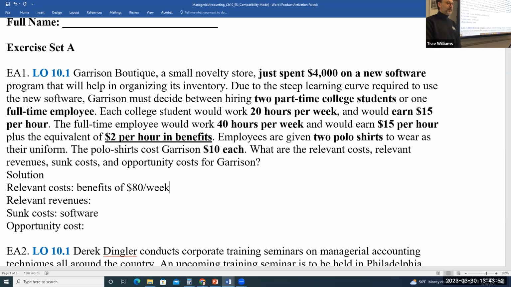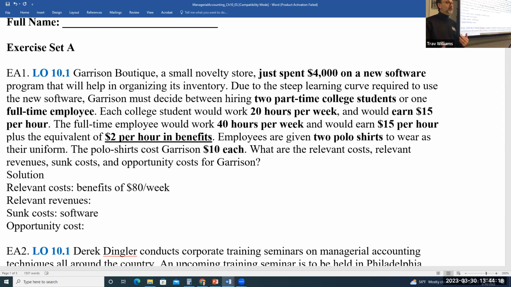Now, what about the polo shirts? Did they make up a relevant cost? What do you think? Correct, because it's a matter of 2 employees with 2 shirts each, which would be 4 shirts, or 1 employee with 2 shirts.